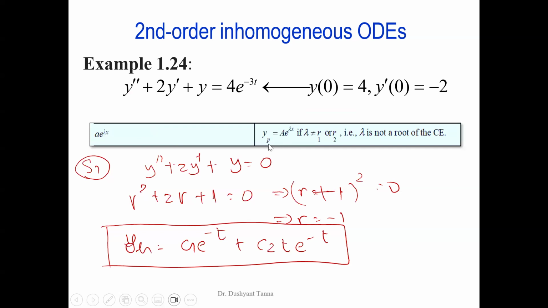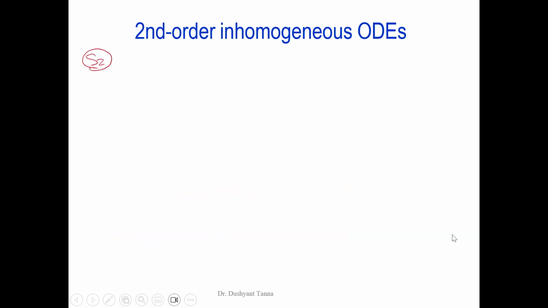Step 2. What is step 2? The particular solution. What do we do in a particular solution? We follow this table. Yp is A e raised to lambda t. You just have to make sure lambda is -3, your root is -1, and that is not a root of the characteristic equation.